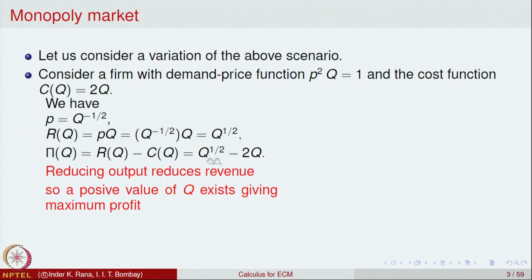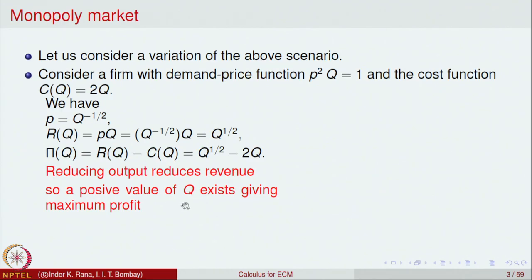Now we can observe that R(q) is equal to q raised to power half. So, this is an increasing function as such. If you increase the output, R(q) will go up. Other way around, if you reduce the output, then the revenue is also reduced, but you can do it only till q remains a positive value.